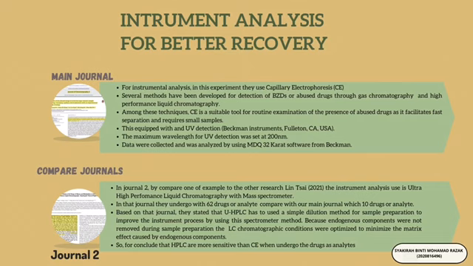Based on this journal, they use HPLC and do a simple dilution method for a better instrument process. Because endogenous components were not removed during sample preparation, the LC chromatography conditions were optimized to minimize the matrix effect caused by endogenous components. So we conclude that HPLC is more sensitive than CE when the drugs are the analytes.